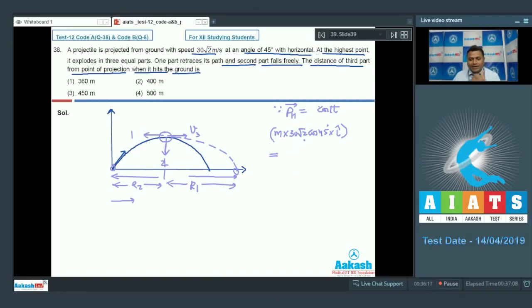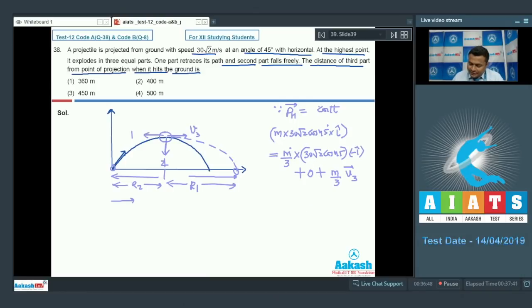After the explosion, one particle retraces back, and since they have exploded into 3 equal parts, m by 3 times 30 under root 2 cos 45 but minus i cap, plus the second one falls freely, so it will have no horizontal momentum, 0. The third one moves horizontally with, let us consider, velocity v3, so m by 3 vector v3.